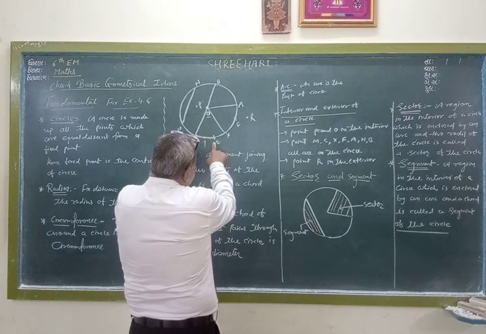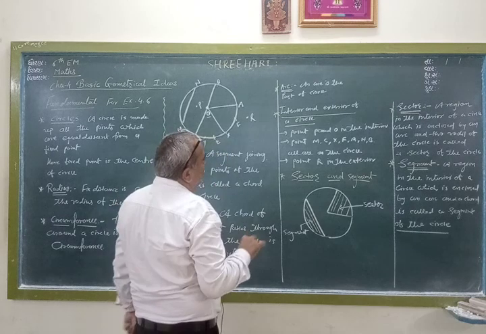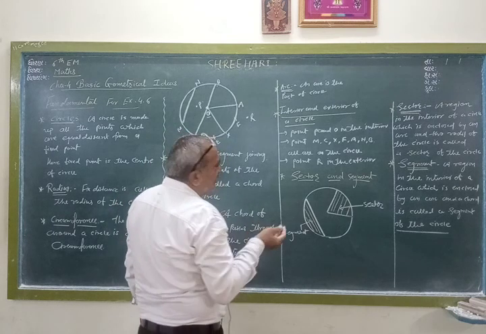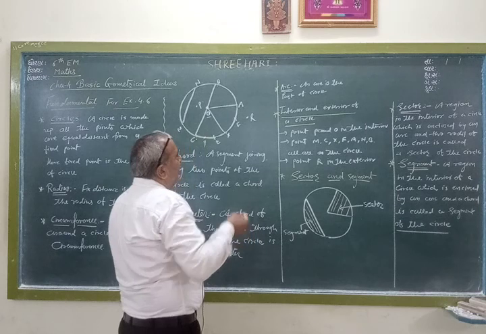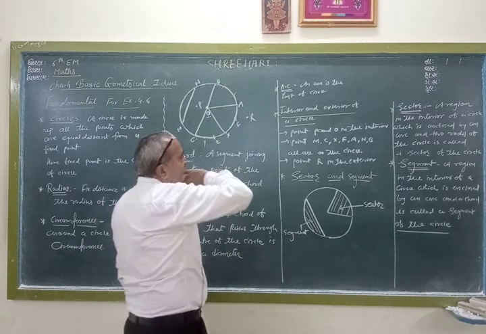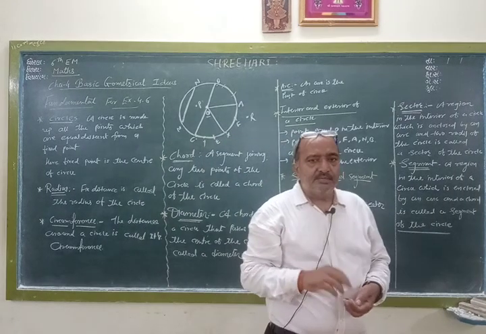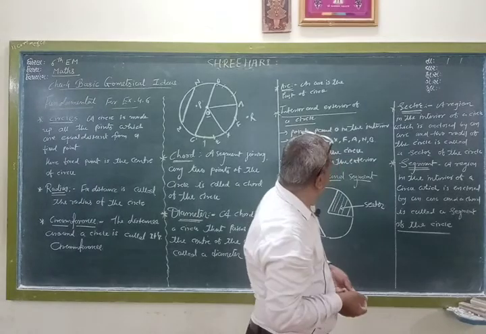So CE is known as an arc of the circle. In short, an arc is a part of the circle. Like this part is also known as an arc. Friends, an arc is a part of the circle.